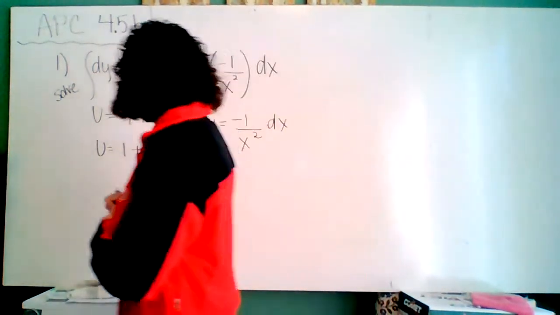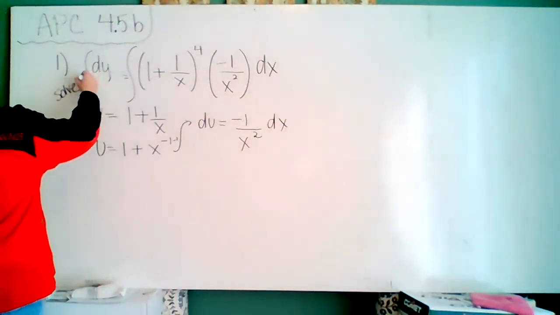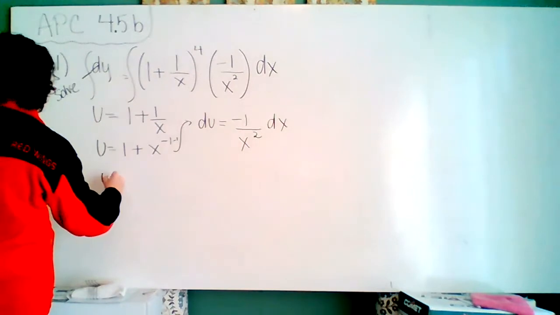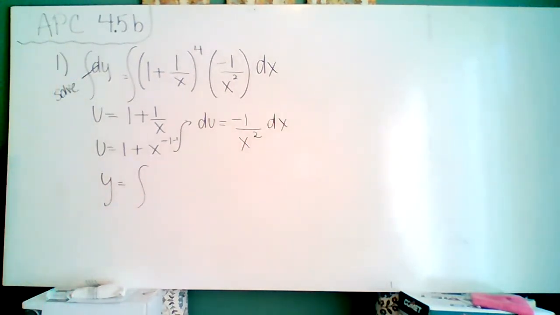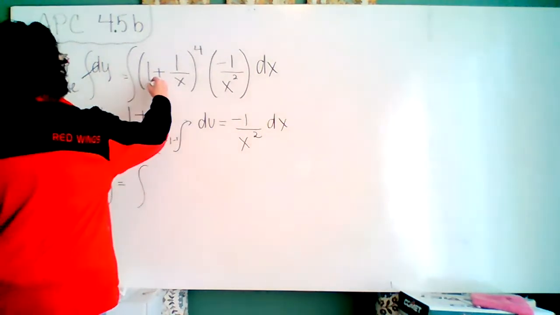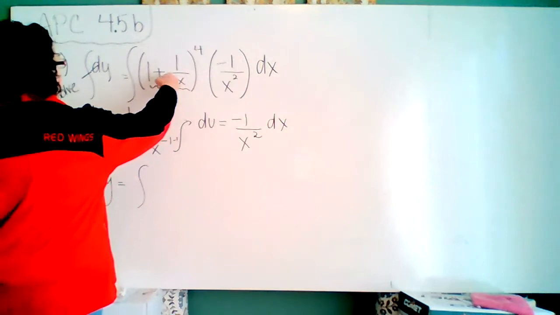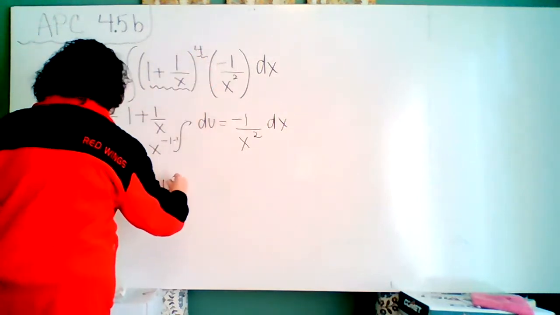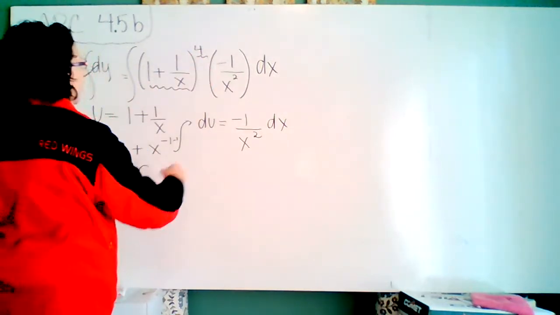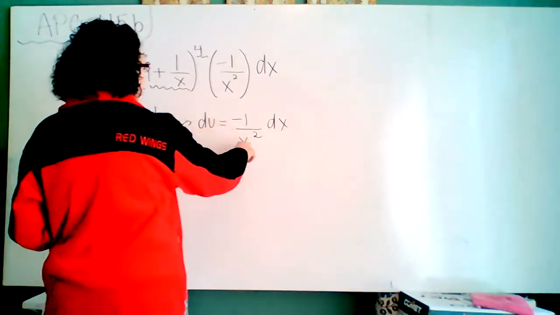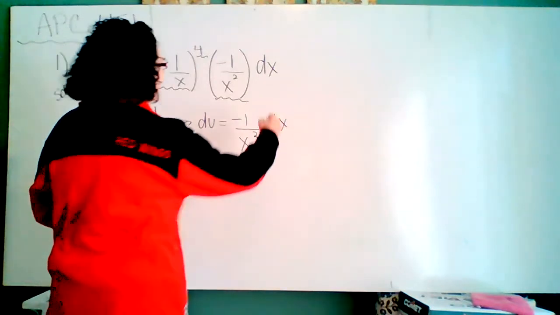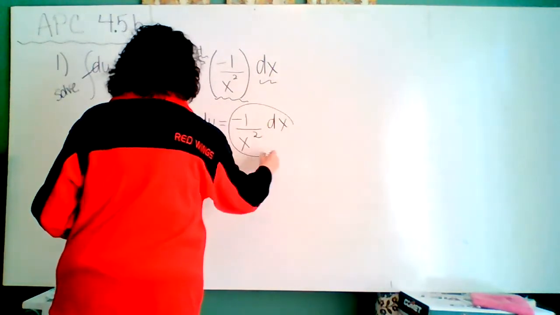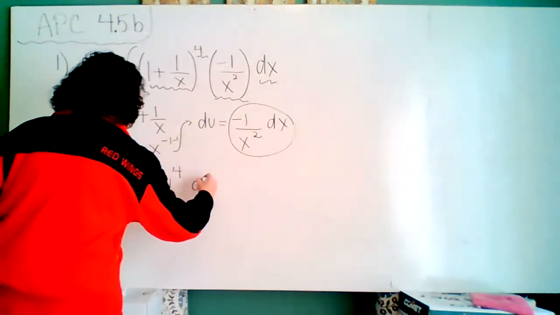Okay, so let's go ahead. On the left, the integral and the derivative cancel, and I get y equals. On the right, let's do our u substitution and see if it is an expression we know how to integrate. Again, I always do my u first. Here's u to the 4th. And my negative 1 over x squared dx is perfectly replaceable with the du.